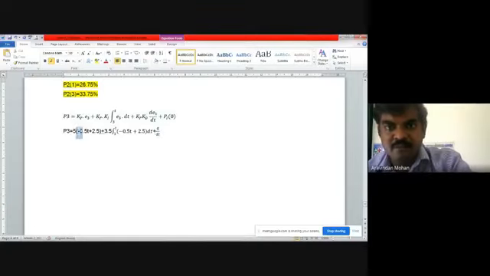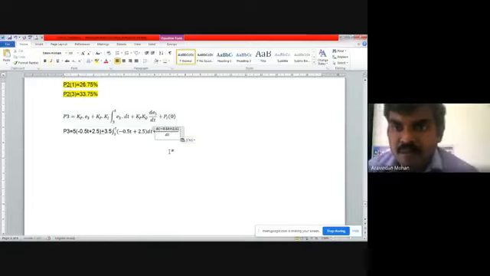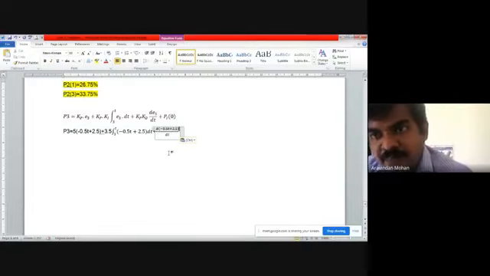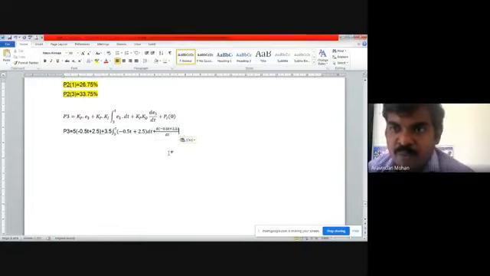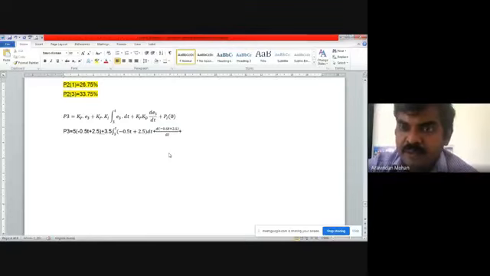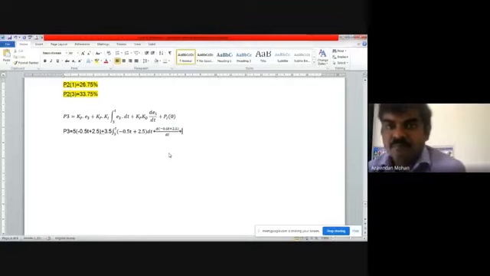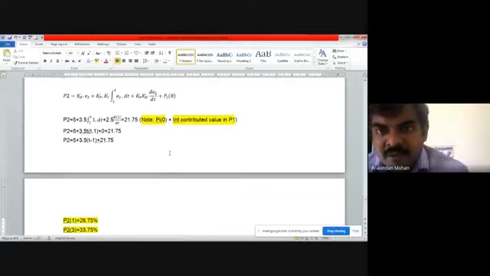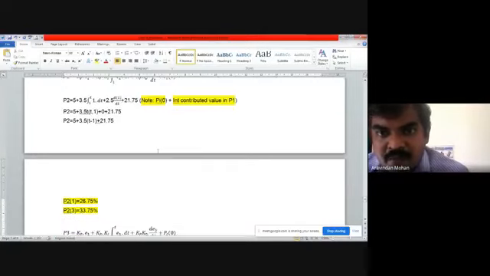Again, we have to substitute this value here. So d by dt of minus 0.5 t plus 2.5 plus what is Pi of 0? Again, we have to calculate.